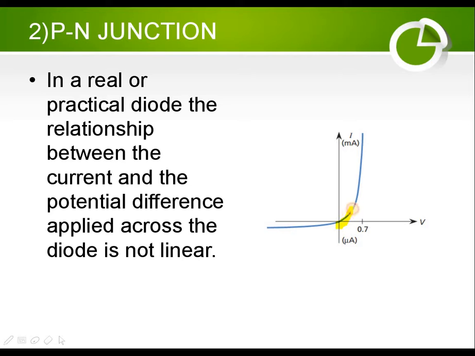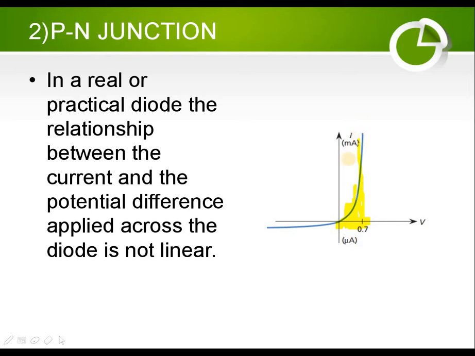It goes slightly up until it touches approximately 0.7, and it also depends upon our circuits. For example, temperature or some other factors also affect this graph, but it's a nonlinear graph. There is a little bit of a barrier due to the barrier potential, but I'm not going into details.